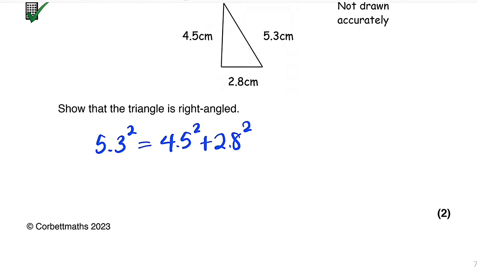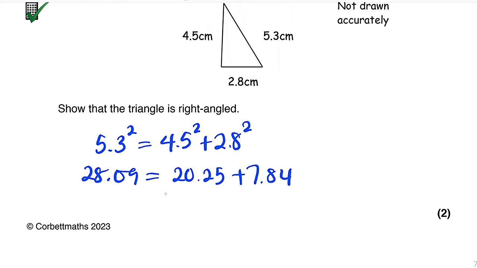So I'm going to do that directly here. 5.3 squared is equal to 28.09, and this is equal to, let me do that step by step, 4.5 squared, which is 20.25, plus we have 2.8 squared, which is 7.84.